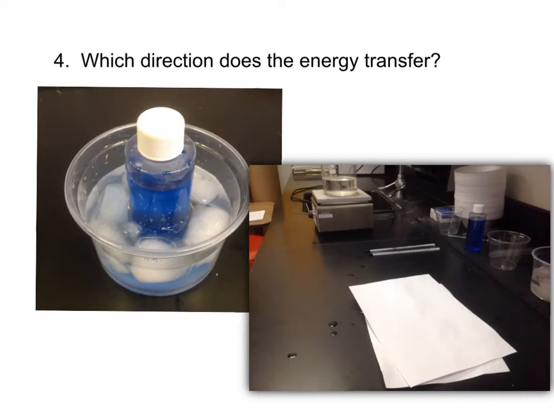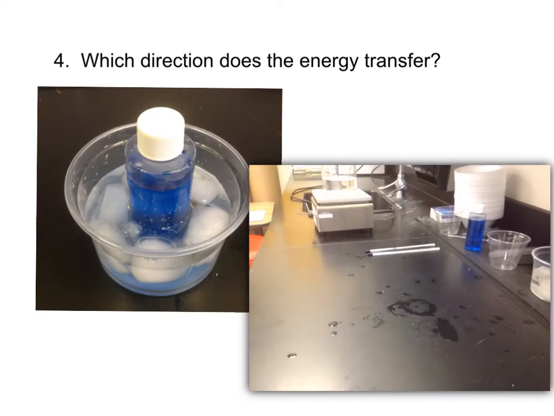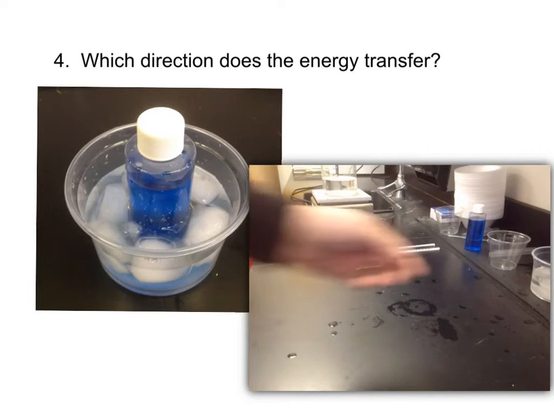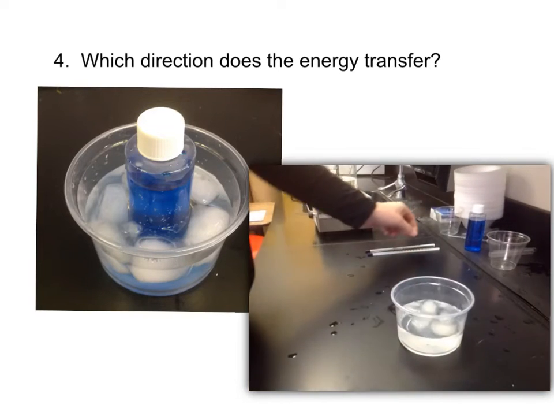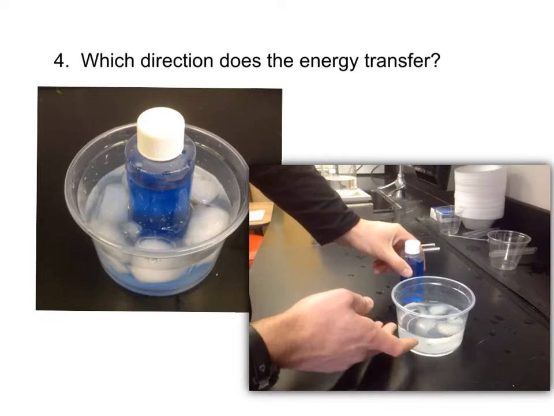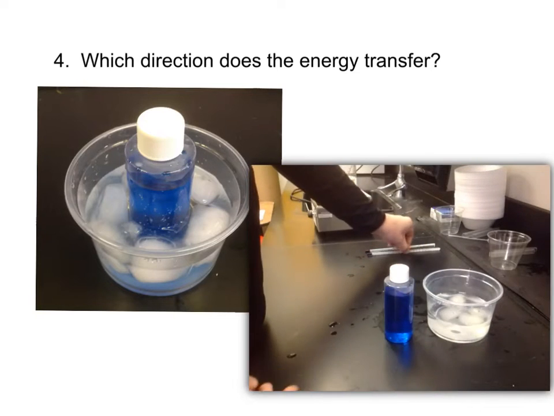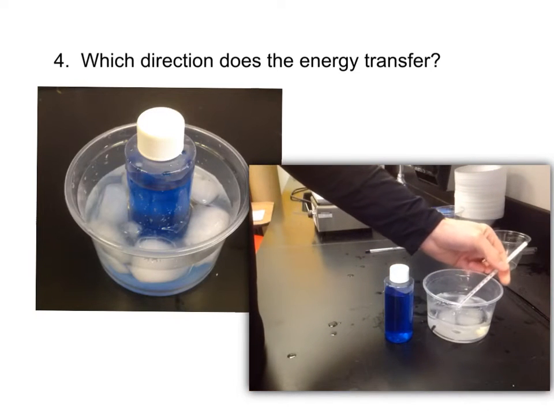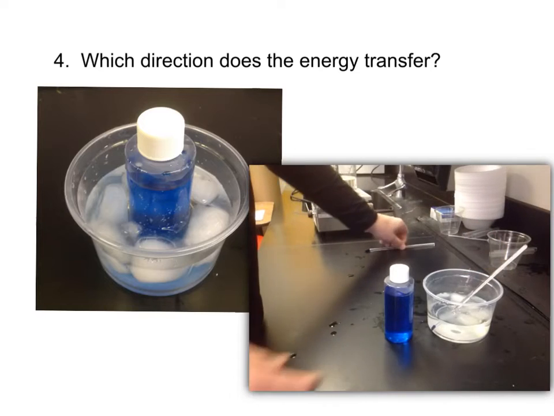Okay, in this picture you see a container of blue liquid put in an ice bath. Here's the blue liquid, here's the ice bath. I'll tell you the temperatures here. Put a thermometer in to get the temperature of the ice bath.